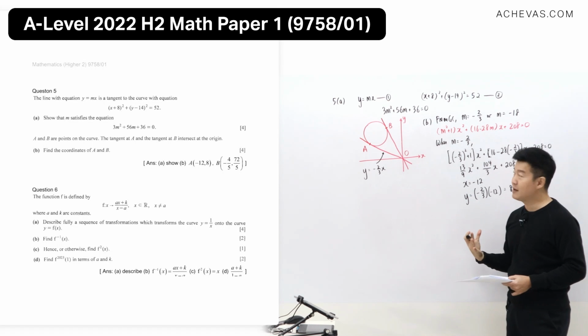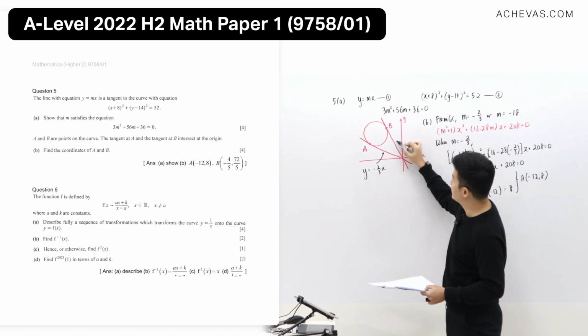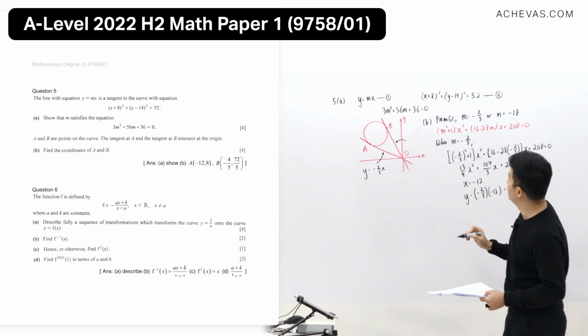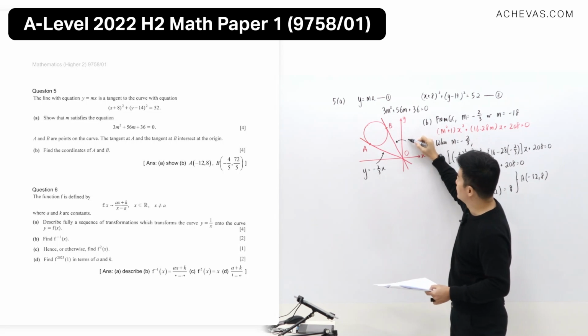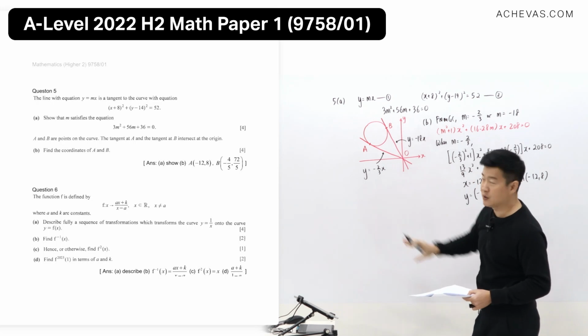We're going to repeat the same process, okay, for this other line over here. That will be when I make use of m to be equal to negative 18. So y is equal to negative 18x. Let me continue here.